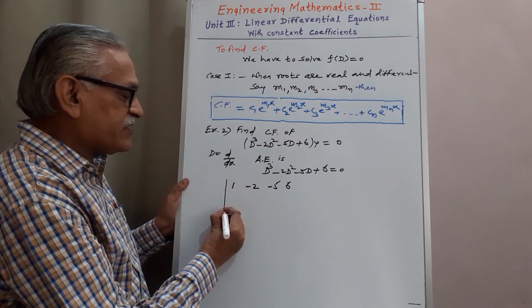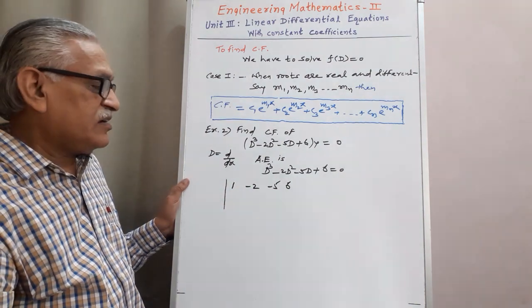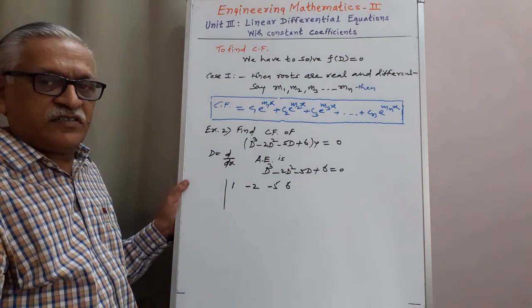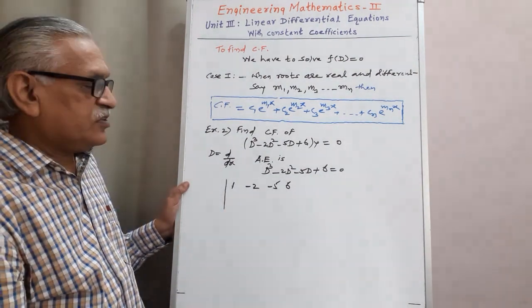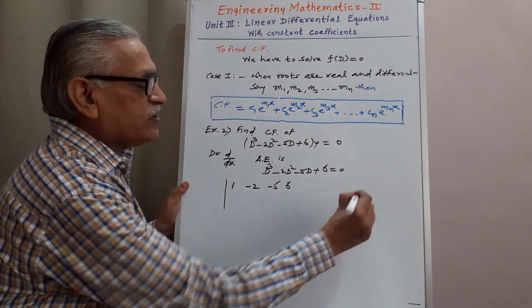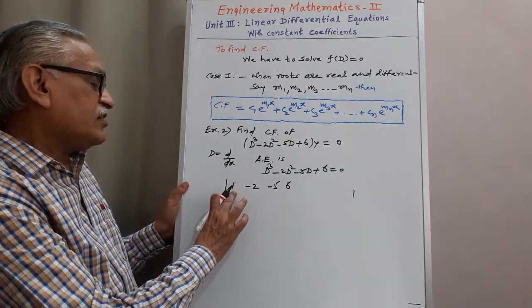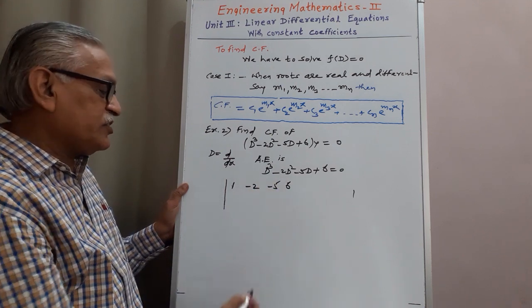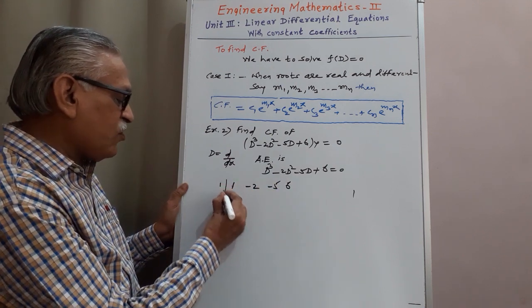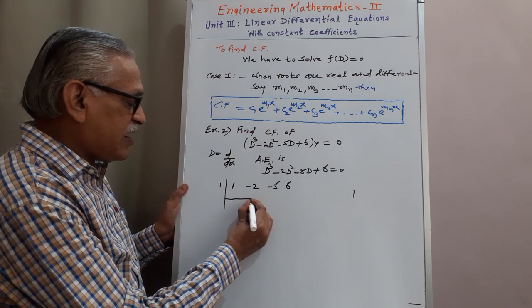This is the trial and error technique. Remember a shortcut method: if the sum of the coefficients is 0, then 1 is the root. Here 6 plus 1 is 7, 7 minus 7 we get 0, and therefore directly we can go for 1 as a root.